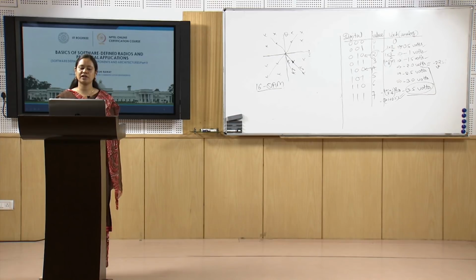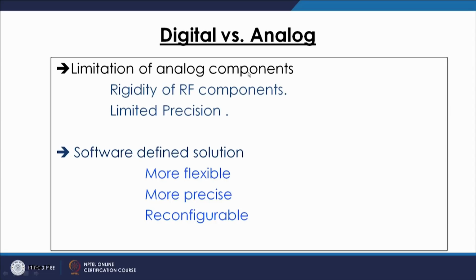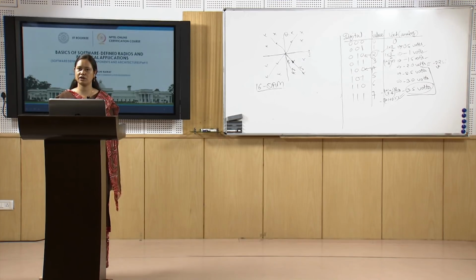When we are talking about the analog counterparts and components with respect to the digital components, the analog components have a rigidity, because once you have fabricated them, you cannot configure them. You have to again design a new component in the analog domain and use it.